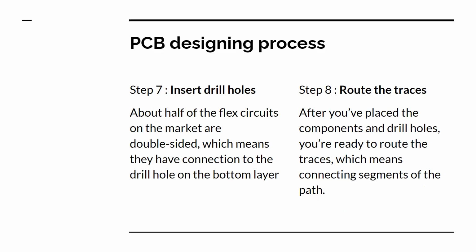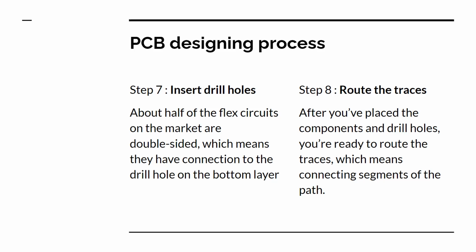For example, if you have a PCB with through hole components, maybe resistors, the drill holes are already inserted manually on the board, so you don't have to do anything else. This step is done manually.